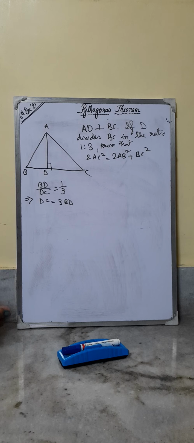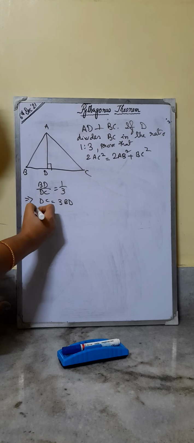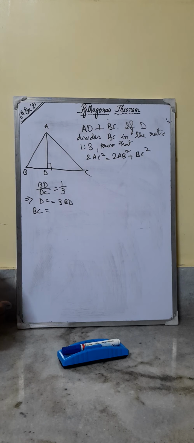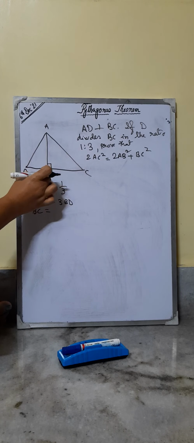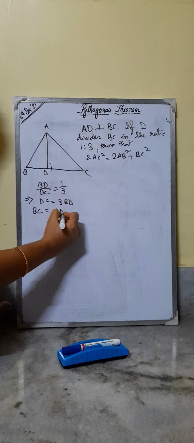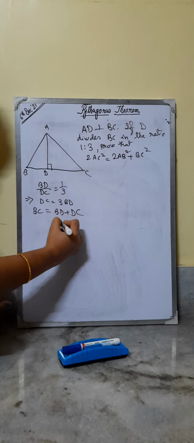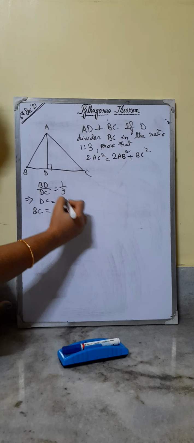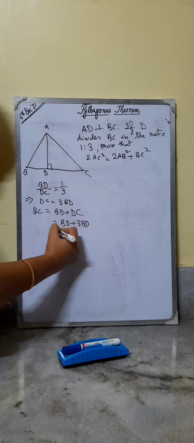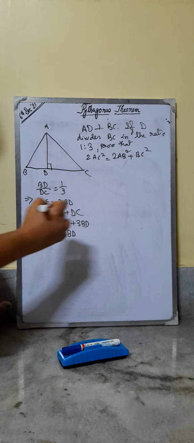Now, BC equals what? BC means BD plus DC. So BD plus, in place of DC we can write 3BD. So we get 4BD.